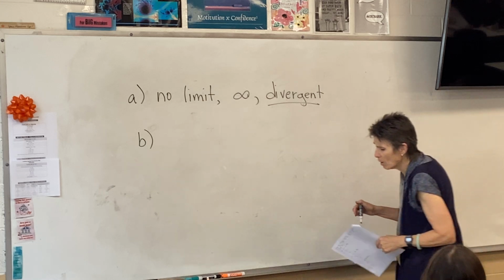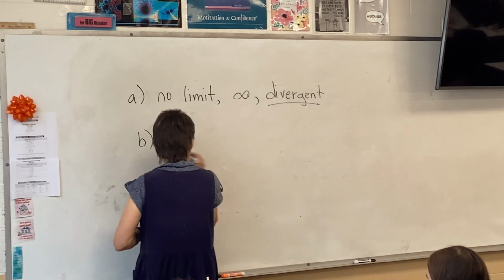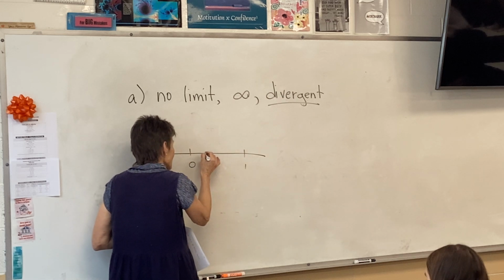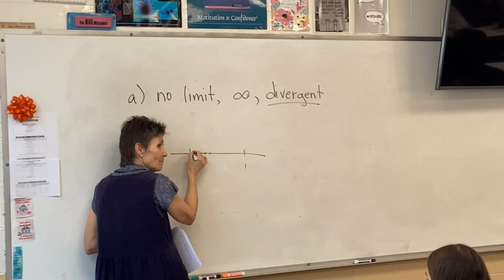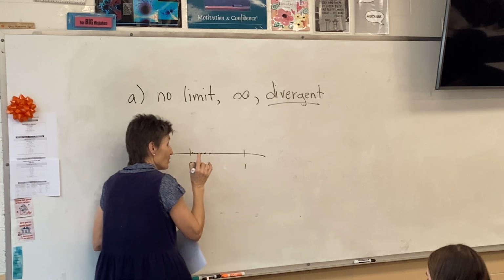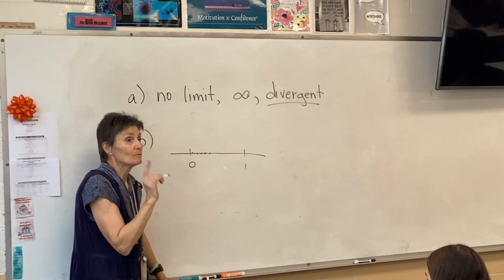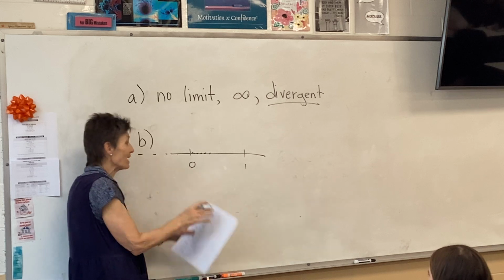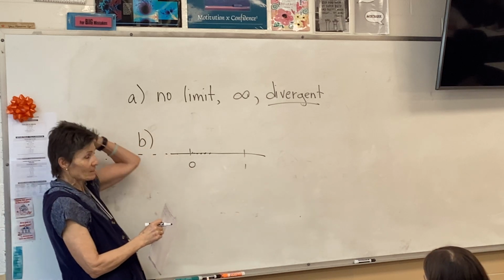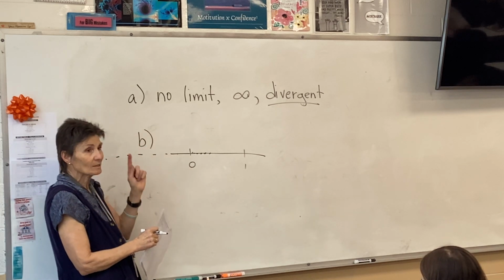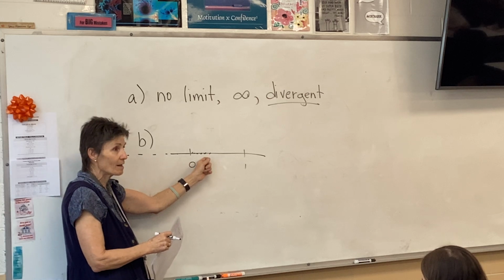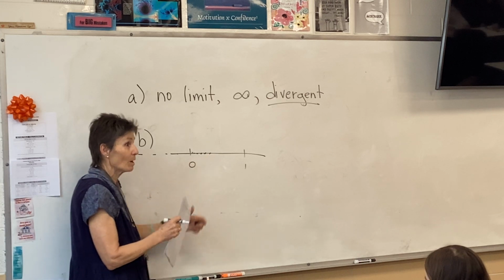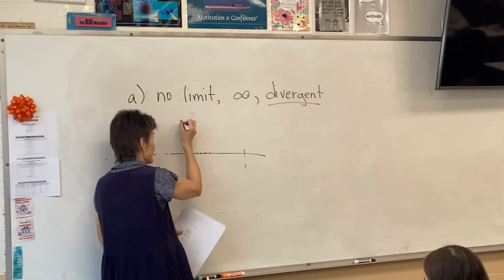If I put them on a number line, isn't this what would be happening to them? Now, they're getting smaller, true, but they're not getting infinitely smaller. In fact, they're not going off the number line. What are they getting closer to? As I plot them, they're getting closer and closer to 0. So the limit is 0.